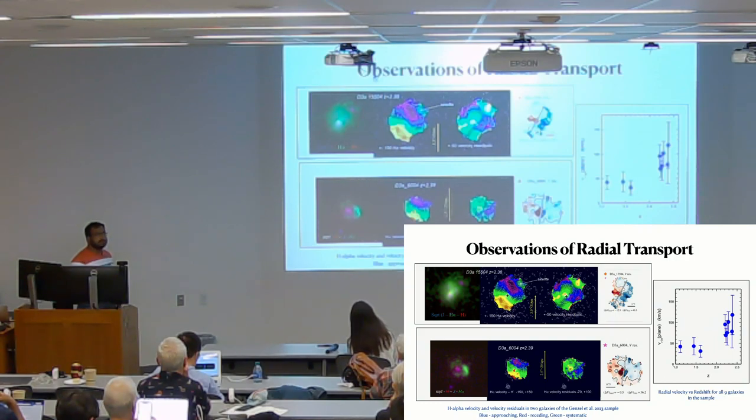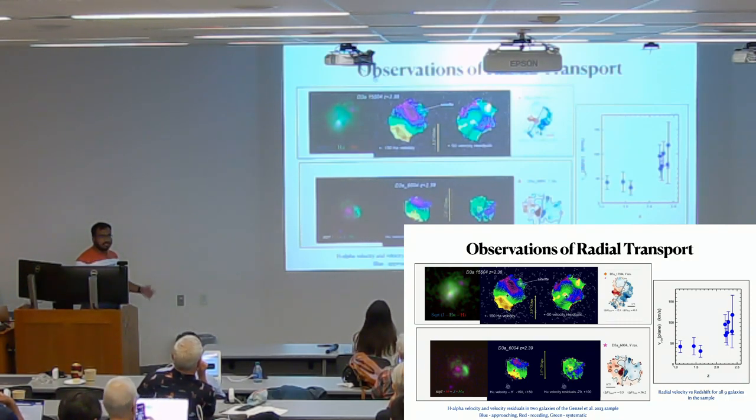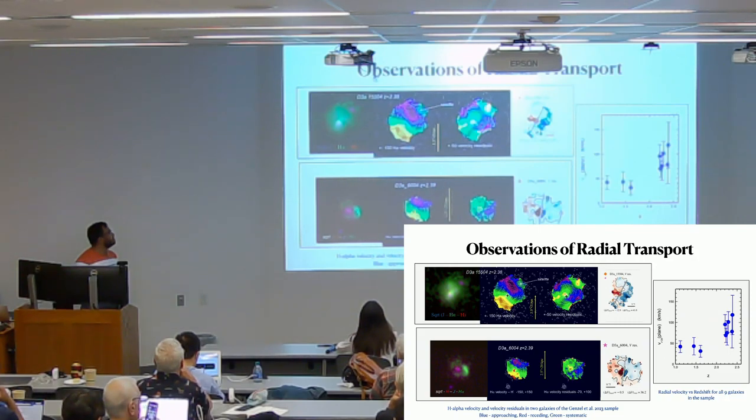There's a model for the mass distribution in the galaxy: you assume a dark matter halo, a bulge, and a model for the disk, and from that you get the rotational velocity. You subtract the rotational velocity from what you measure on the line of sight, and that gives you the map of the residuals. It's from this residual map that the radial velocity is inferred.